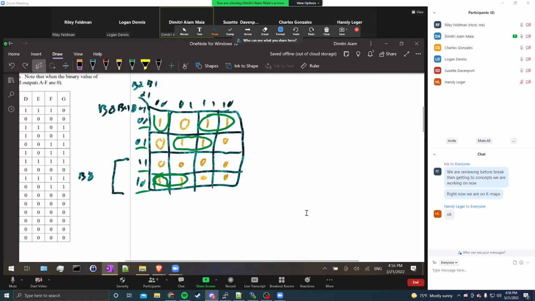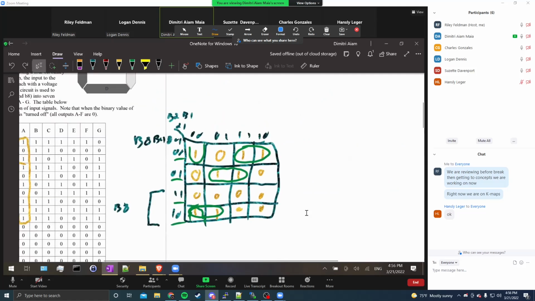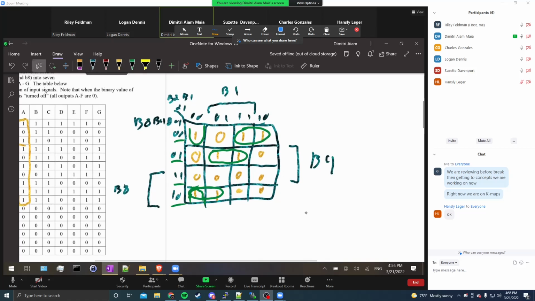And then this over here, true and true, this is B1. And then over here we have B4. And then on the bottom, we have B2. And then this over here.